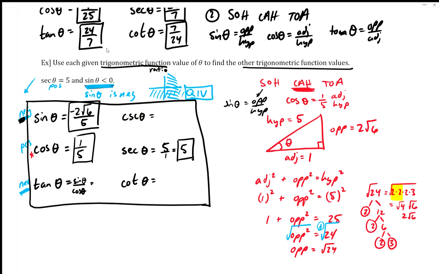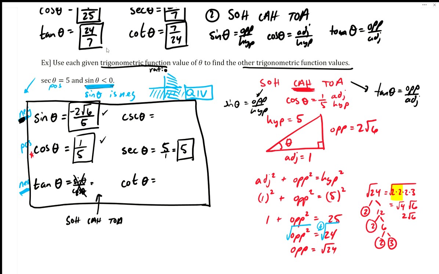Okay, and then tangent of theta, I could use these two answers, this one and this one, to plug into that big fraction. However, I think it's better to just do tangent of theta equals opposite over adjacent. Notice you have different ways to go about it. My opposite is 2 radical 6. I'm going to cross that out at this point and just use SOH CAH TOA for this answer and skip that step.